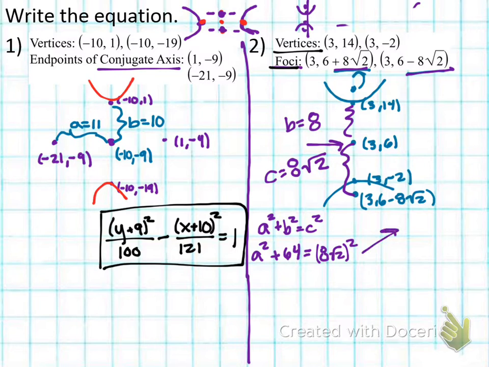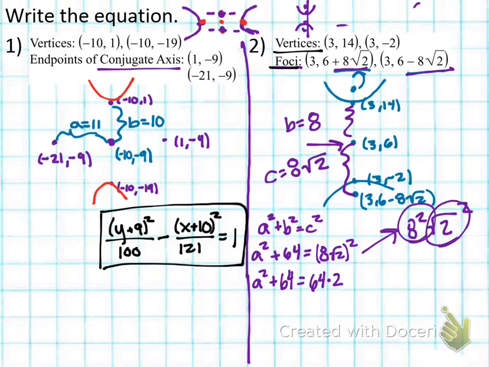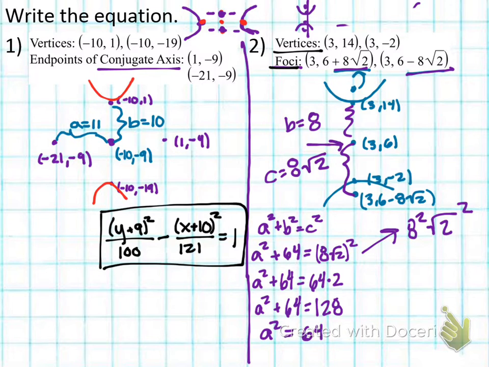When I square this, I bring the exponent into each term, so this is 8 squared times √2 squared. So I'm going to get A squared plus 64 equals 64 times 2. 8 squared is 64, square root of 2 squared, they cancel out and I get 2. So I have A squared plus 64 equals 128. And then I subtract 64 from both sides to get A squared equals 64.